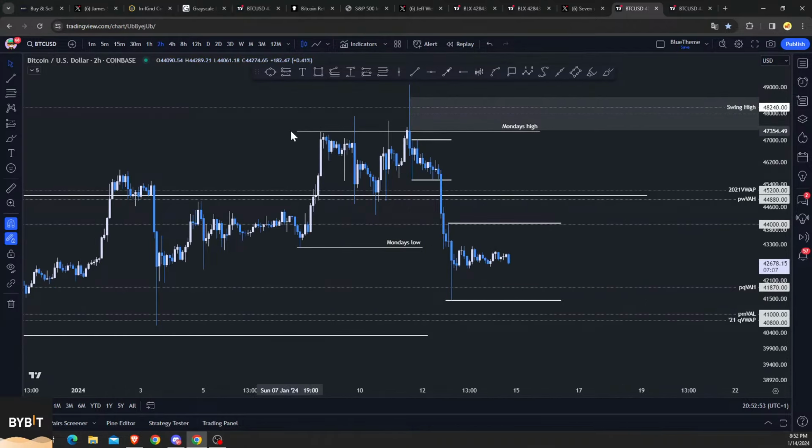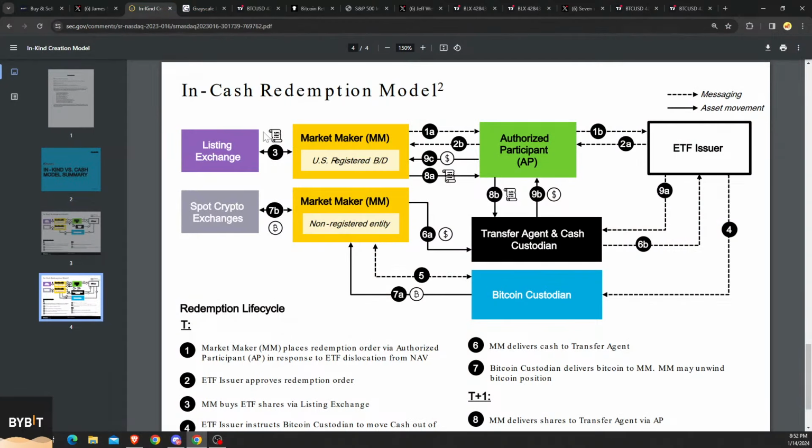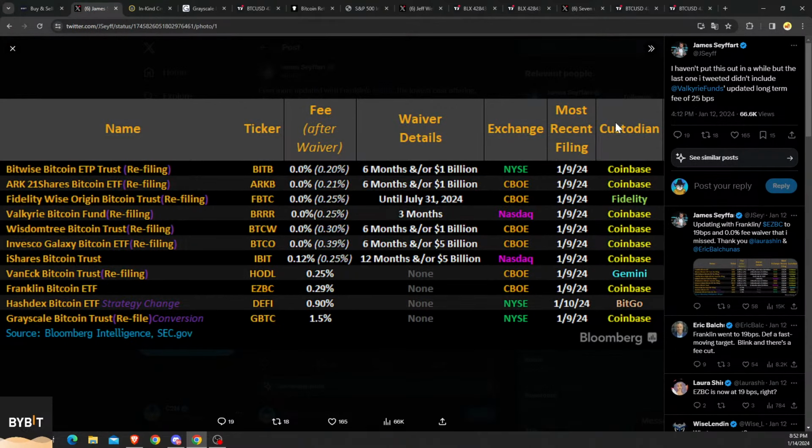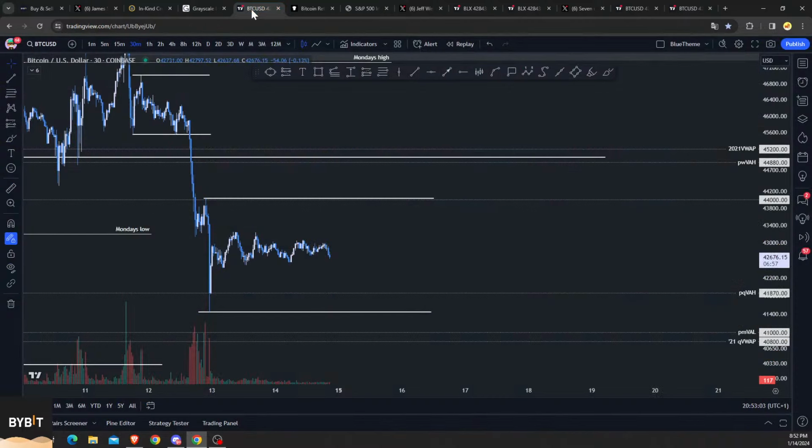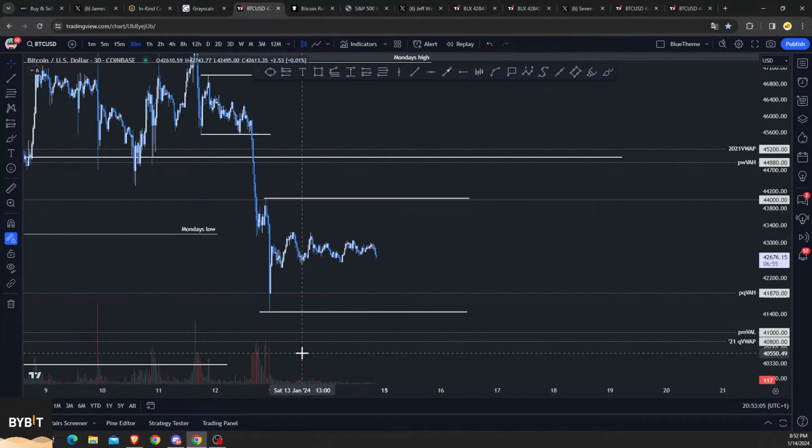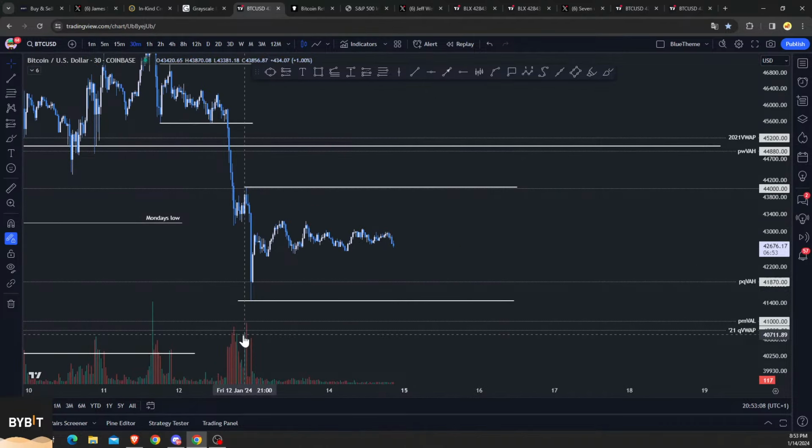So let's summarize everything once more. We have sell pressure due to the in-cash redemption model. Everything is going towards Coinbase, which is why it is so important to take note of Coinbase going into Tuesday. If we have US Open on Tuesday, I think we're personally going to be seeing a large amount of sell pressure once more within the market.